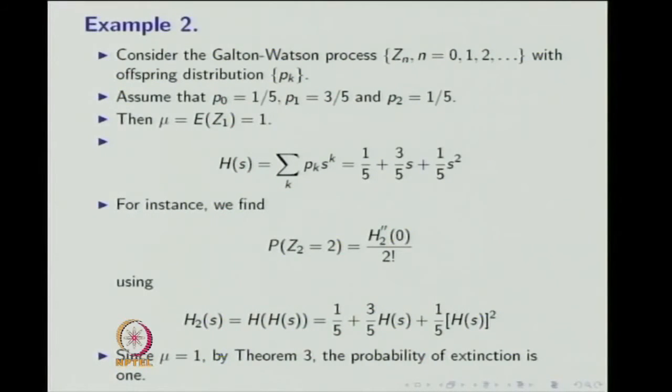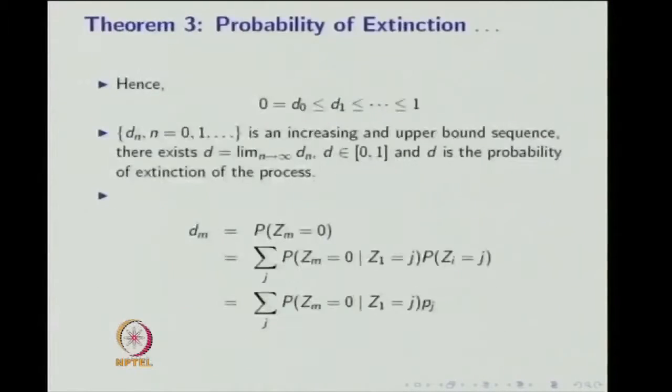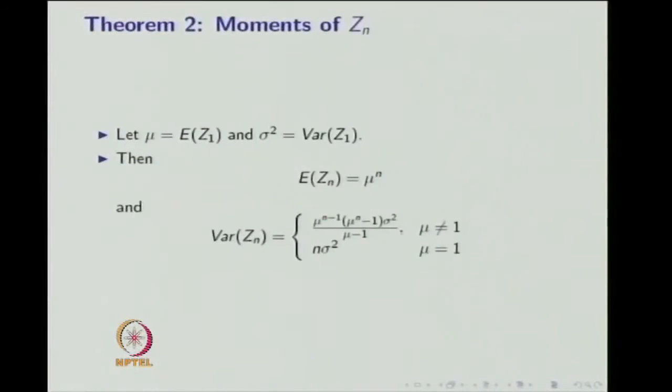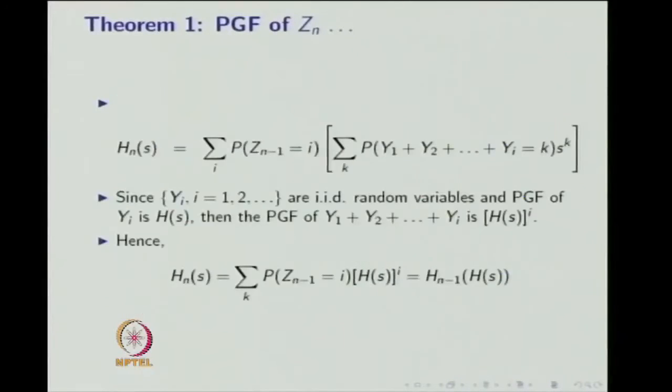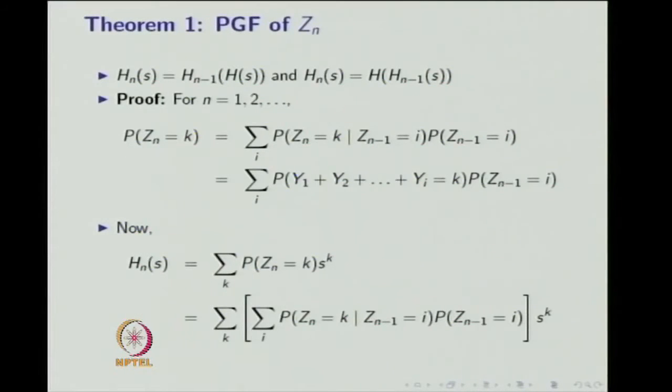That means you should know what is the probability generating function H_2 of S. With the help of H_1 of S and H of S, one can find the H_2 of S. That is what we have proved in theorem 2. H_n of S will be H_{n-1} of H of S.